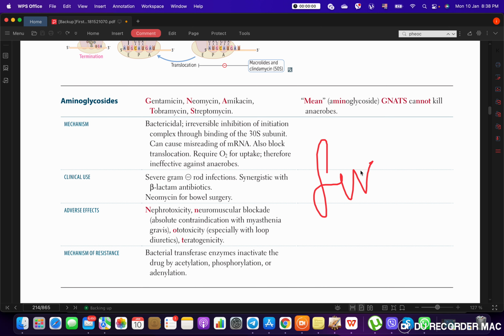So can you use it against Fusobacterium? Yes or no? No, you cannot, because Fusobacterium is an anaerobe. The clinical use: it's used for severe gram-negative rod infection, and it's synergistic with beta-lactam antibiotics. How is it synergistic with beta-lactam antibiotics?